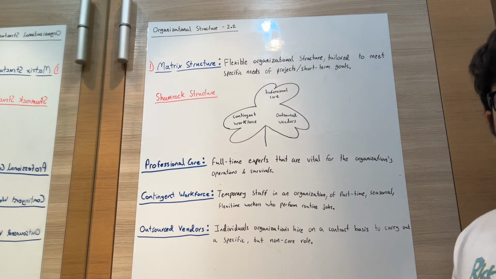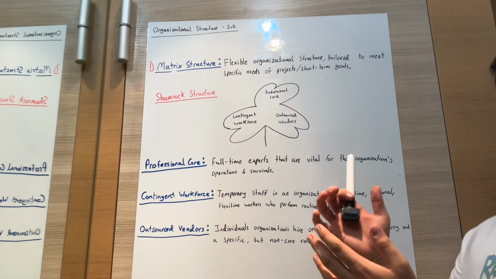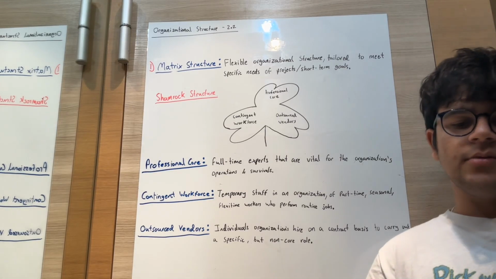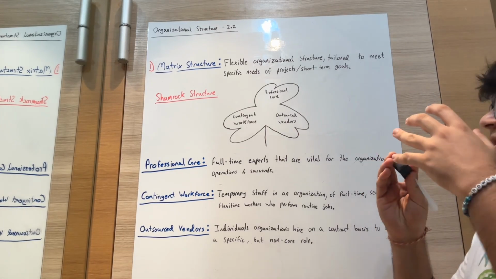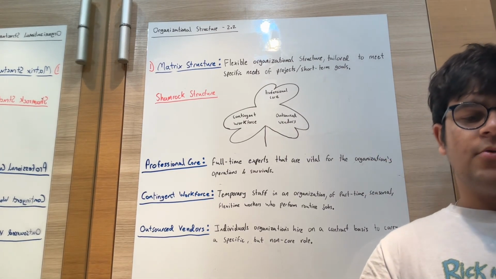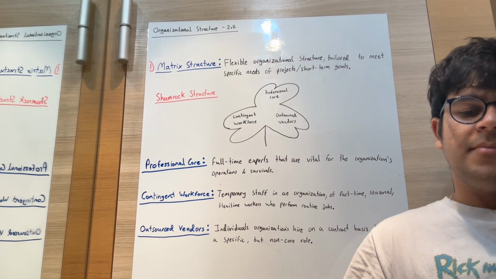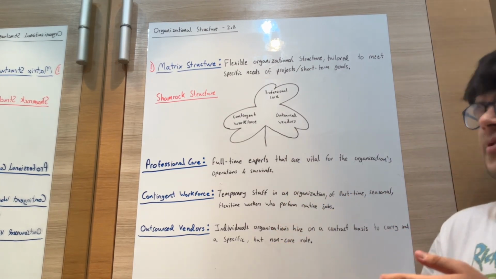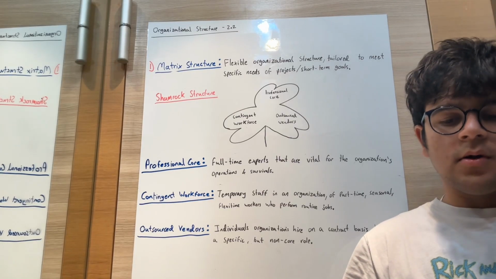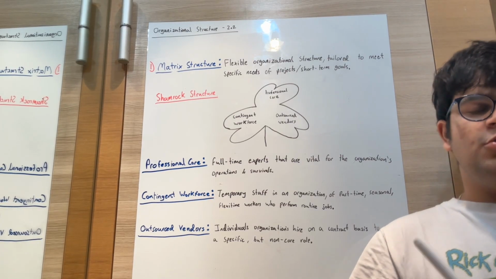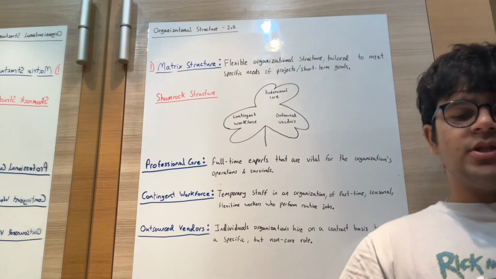And that's the gist of Handy's Shamrock organization. He explains that organizations can become more competitive through their structure by reducing the unnecessary costs of having everyone as a full-time worker. It makes you more responsive to market changes.